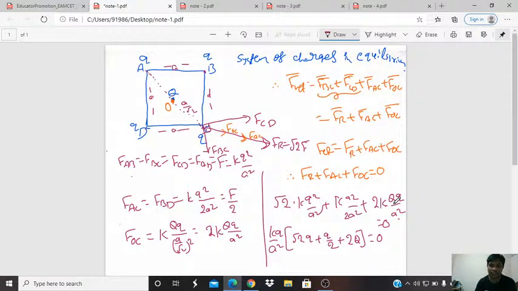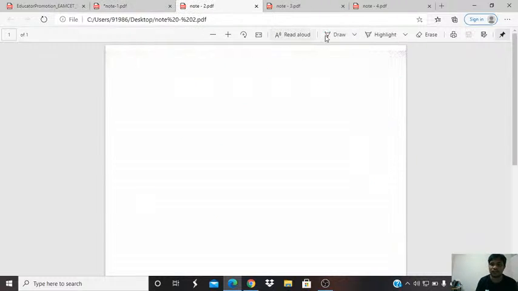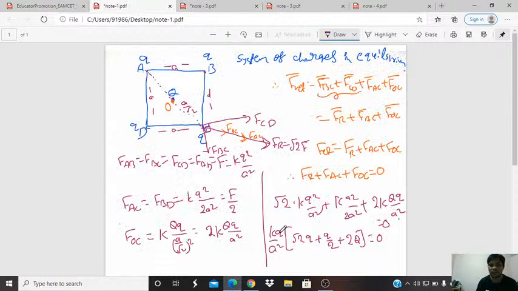So it will come this side, becomes 0. So what is the remaining here? What is remaining? See, what is remaining? Root 2Q plus Q by 2 plus 2Q equal to 0. Right? It will come this side.